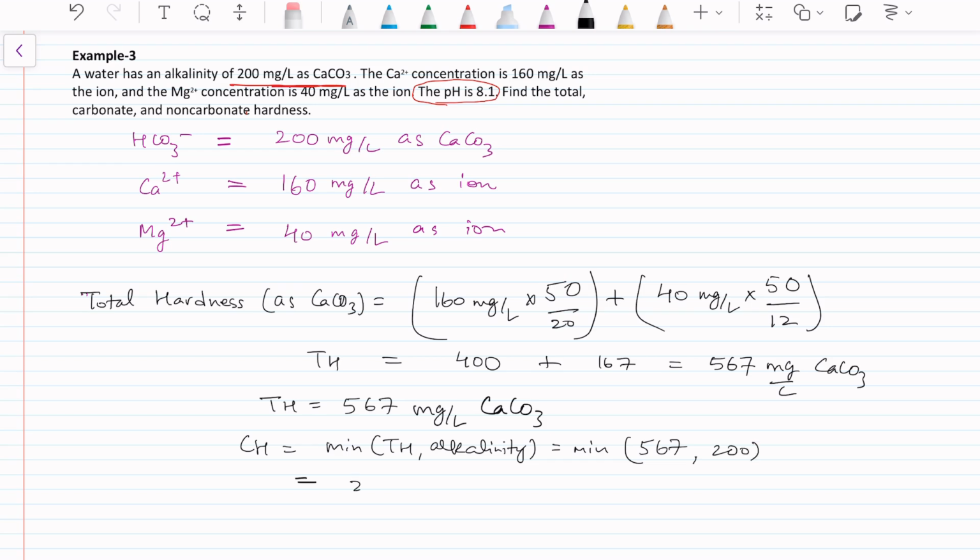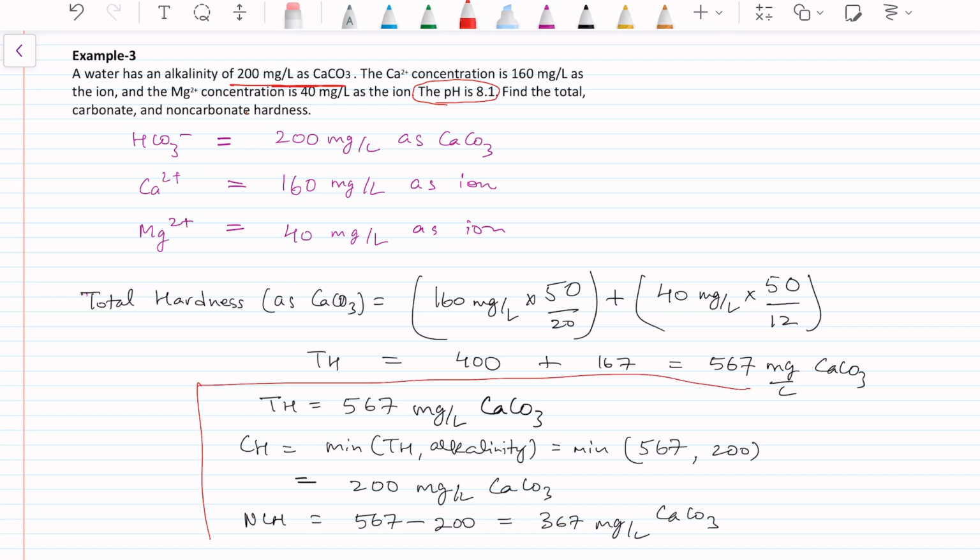So the carbonate hardness would be 200 milligram per liter CaCO3. If you can visualize a chart, you can also get it that way. And the non-carbonate hardness would be whatever is left, 367 milligrams per liter as CaCO3. So that is the answer for this problem. Thank you.